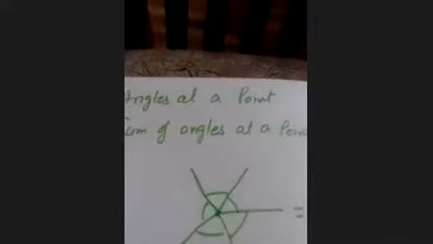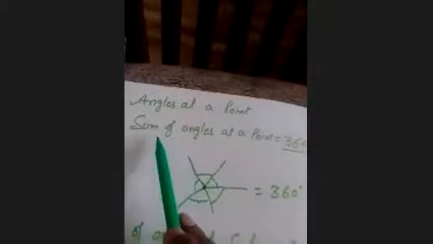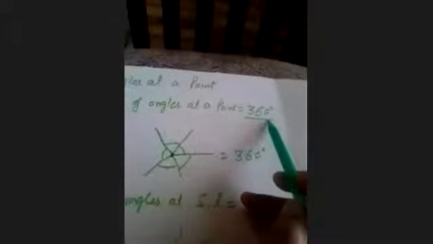Yes, students. Next is angle at a point. Suppose this is a point and these are a few angles at this point. In this case, the sum of angles at a point is equal to 360 degrees.